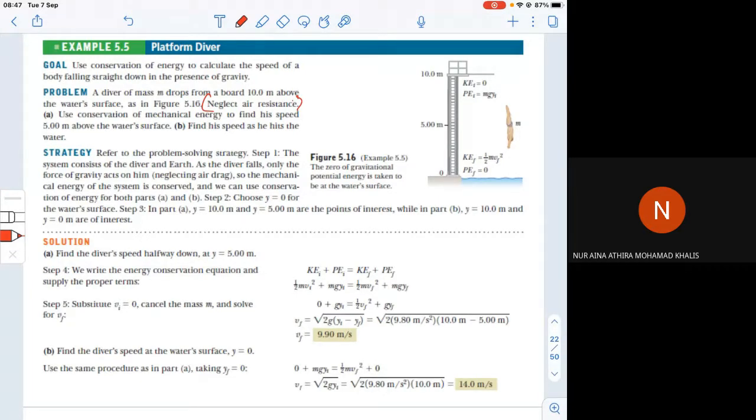Use the conservation of mechanical energy to find his speed 5 meters above the water surface, and find his speed as he hits the water. There are two possible situations here. When the question asks you to use conservation of mechanical energy, what is conservation of mechanical energy?